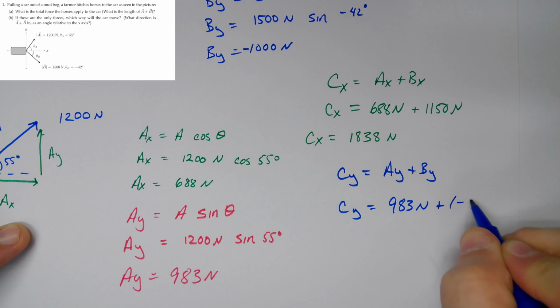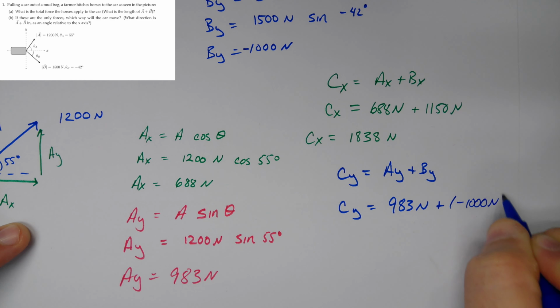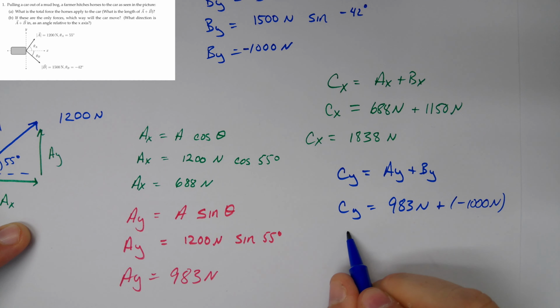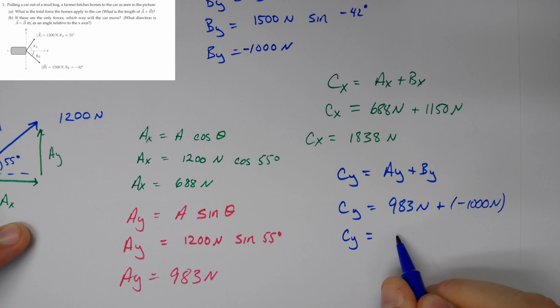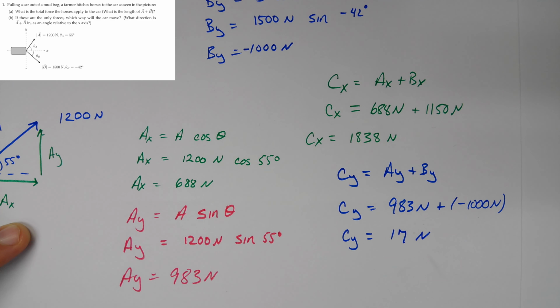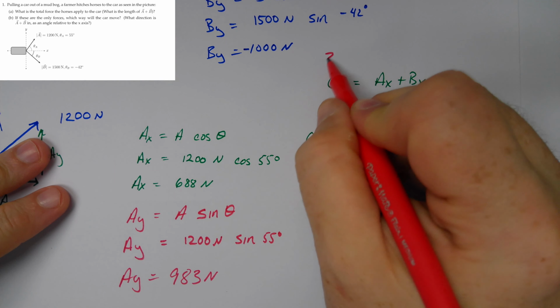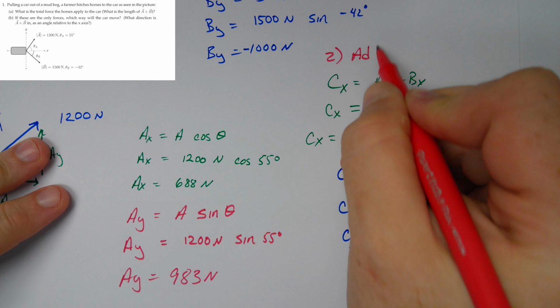So we want minus 1000 here. Well, that's going to give us 17. So that's not very big. When we draw our picture of the final thing, this is step 2, where we add components.